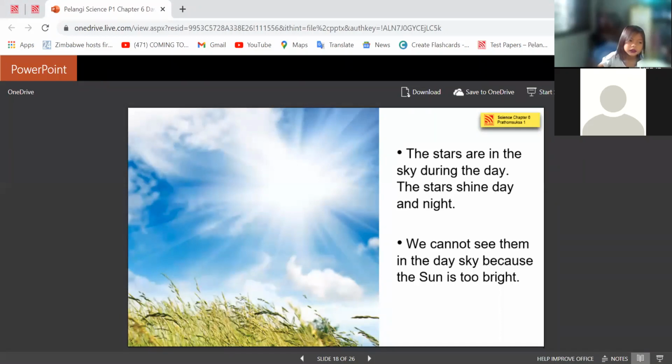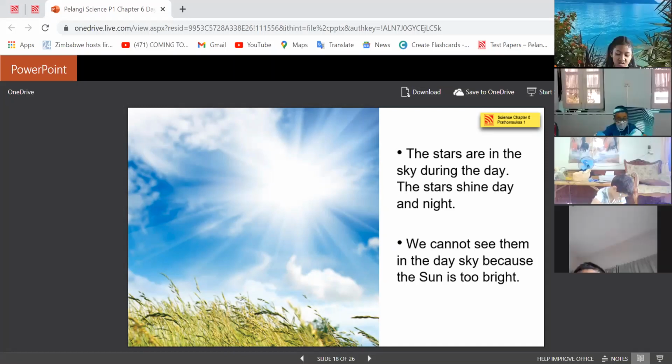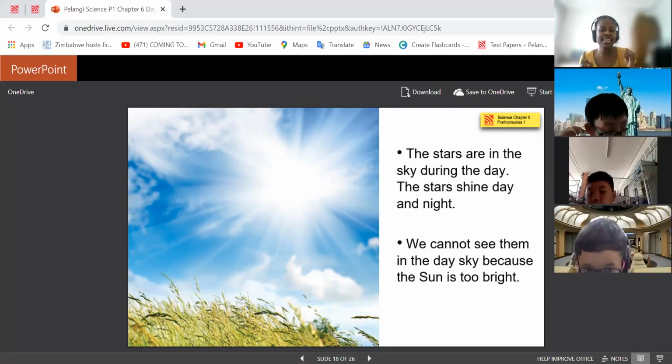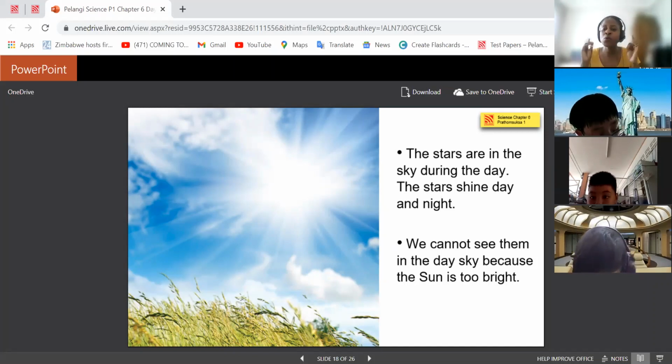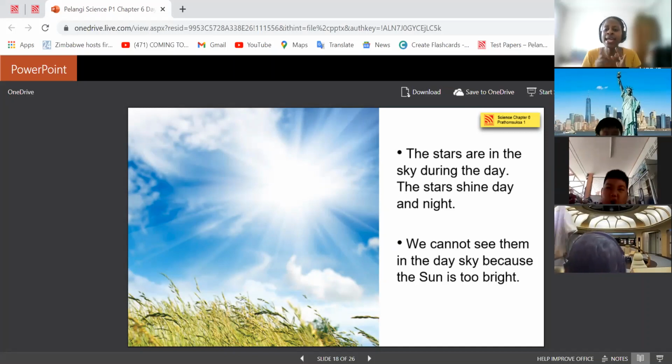Let's move on. So now we know that we have the sun in the day sky, and the sun gives us the light and the heat. And we also have clouds. The clouds can be white and fluffy, and the clouds can be tall and dark. We also have the moon.